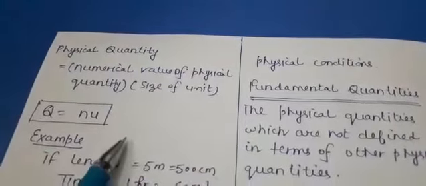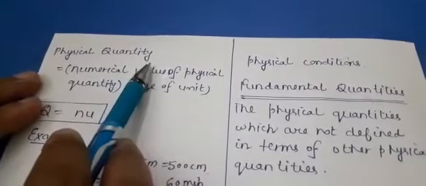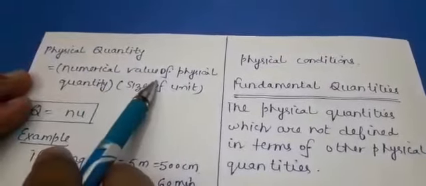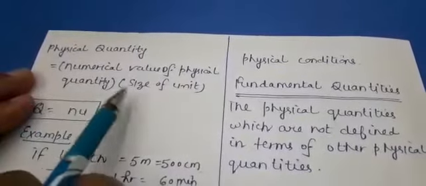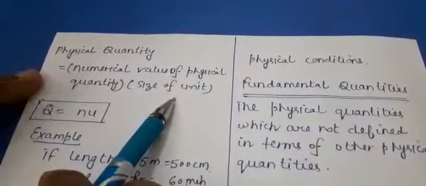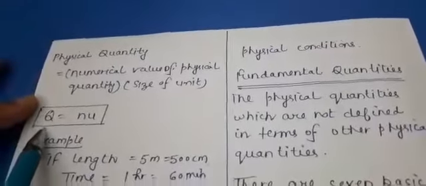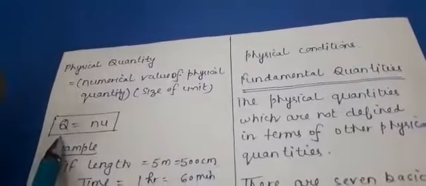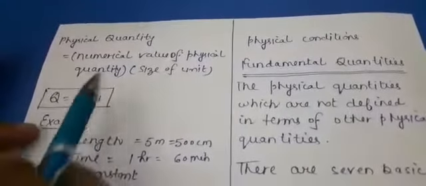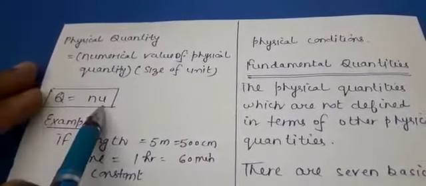Now, for measurement of a physical quantity, what do we require? We require two terms: a numerical value of the physical quantity and a unit, the size of the unit. What does it mean? Let me take it symbolically: a physical quantity can be represented by Q or X, whatever symbol you would like to take. Numerical value is N, and U is a unit.